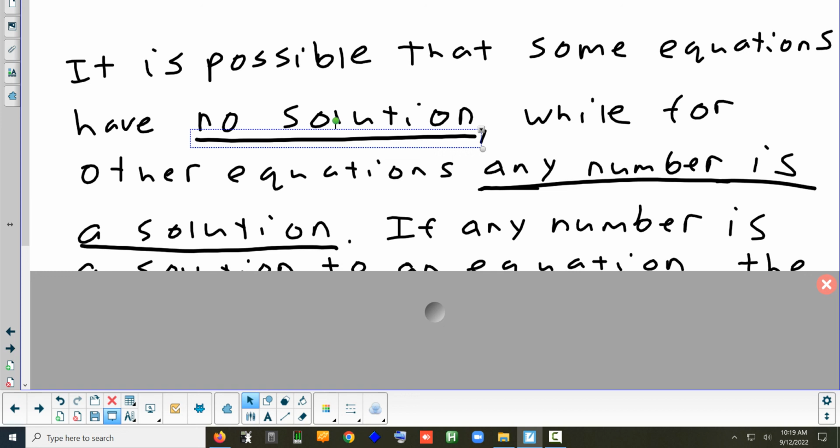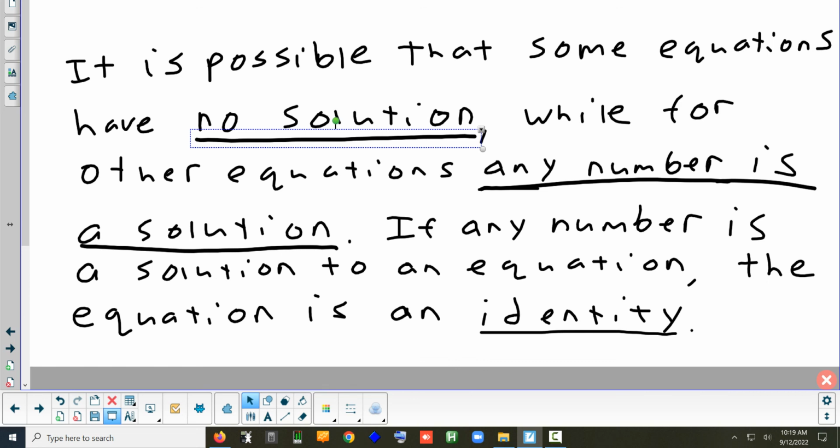Now, if any number is a solution, that type of equation is called an identity. So most of that you guys already have printed. You just have to fill in the underlined parts. So if any number is a solution to an equation, that is called an identity.